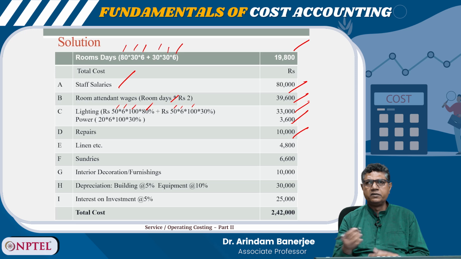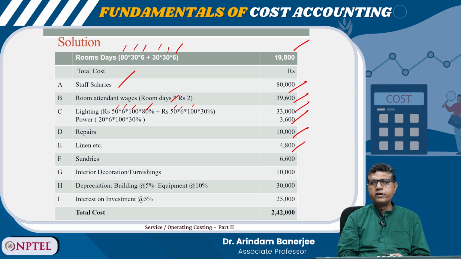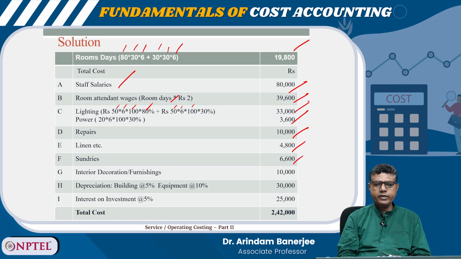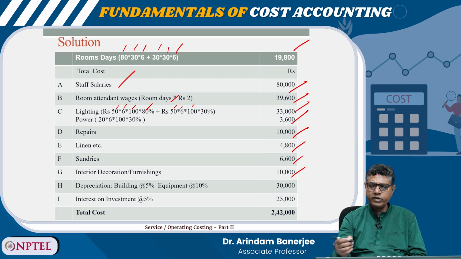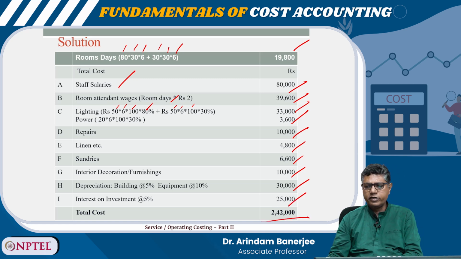Linen, etc., the bed covers and all, it is 4,800. Sundries, small expenses 6,600. Interior decoration and furnishings 10,000. Depreciation: building at 5%, equipment at 10%. If we depreciate, it will come to 30,000. Interest on investment at 5%, it is 25,000. So, total is 2,42,200. So, that is my total cost.